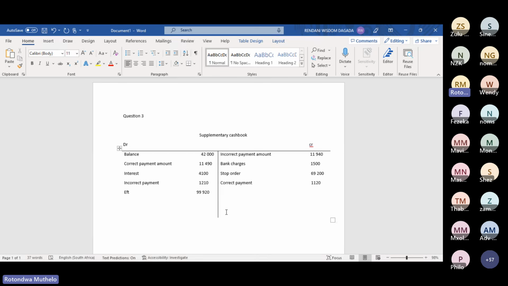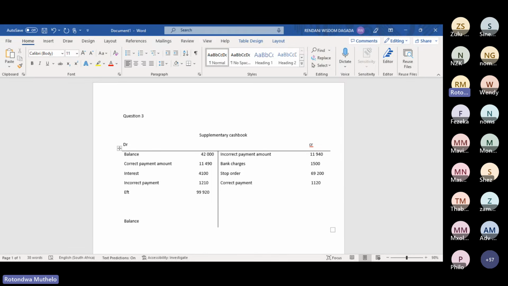So 99,920 plus 110 plus 4,100 plus 11,490 plus 42,000. So that is going to give us a balance. We're gonna use the amount that we added from the column that has bigger amounts, which is the debit side.